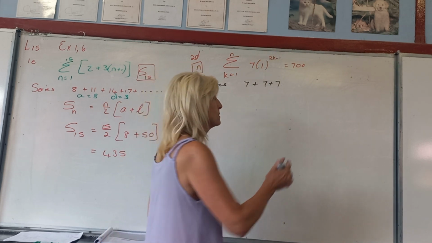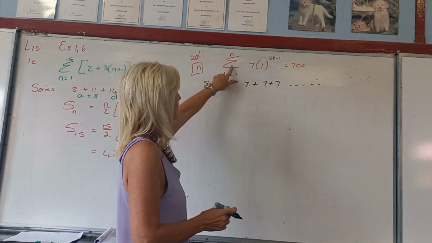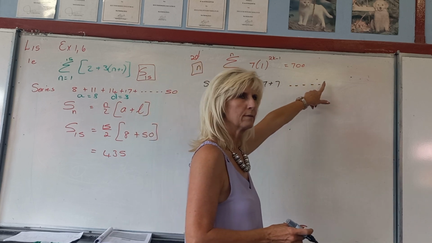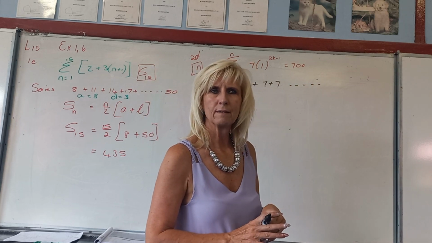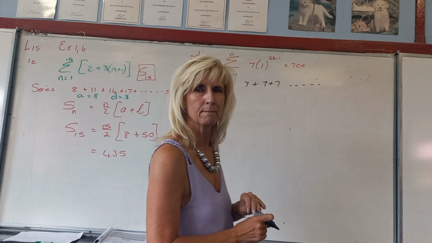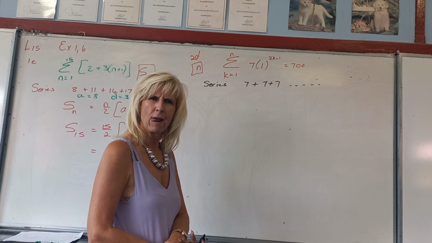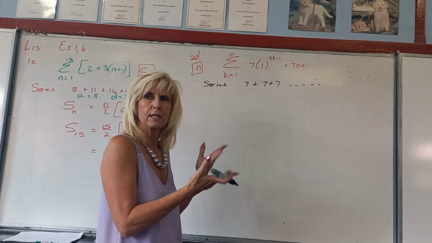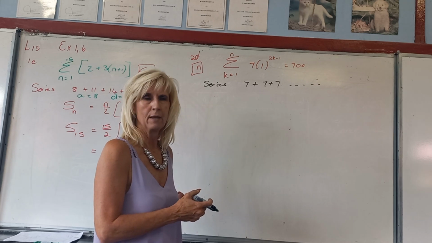How many times must that happen to find me the sum equal to 700? Answer? n times 7 equals 700, so n is 100. Just like that. The nature of the sum is so ridiculously easy that you could have just seen it.